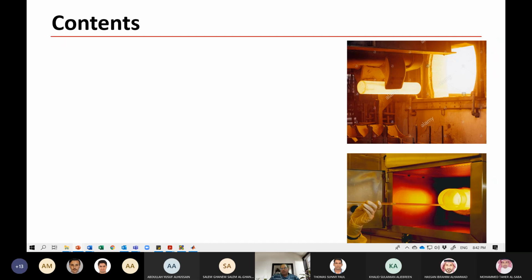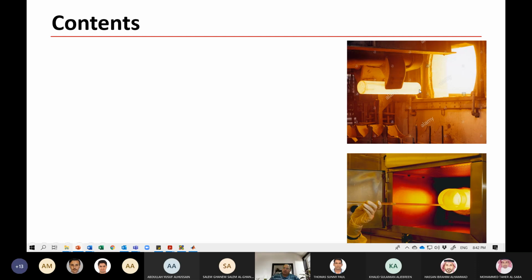So the annealing is: you have a metal here, and you heat it up until the melting point, and then you cool down this material in steps.